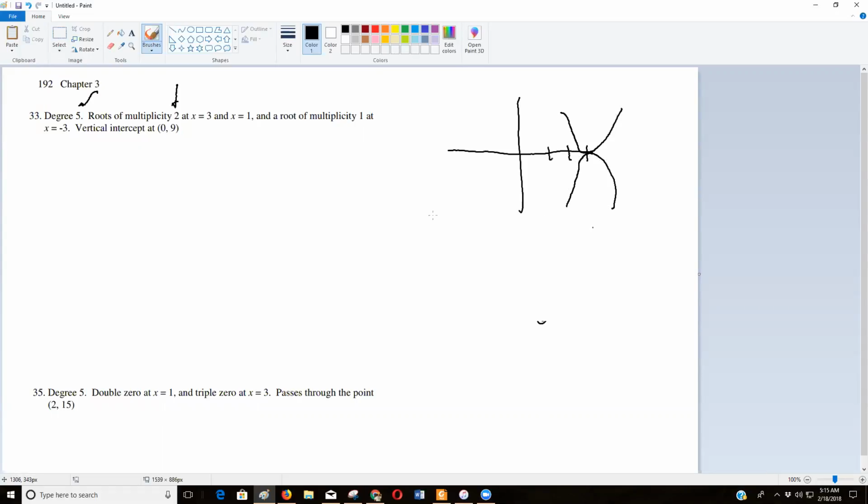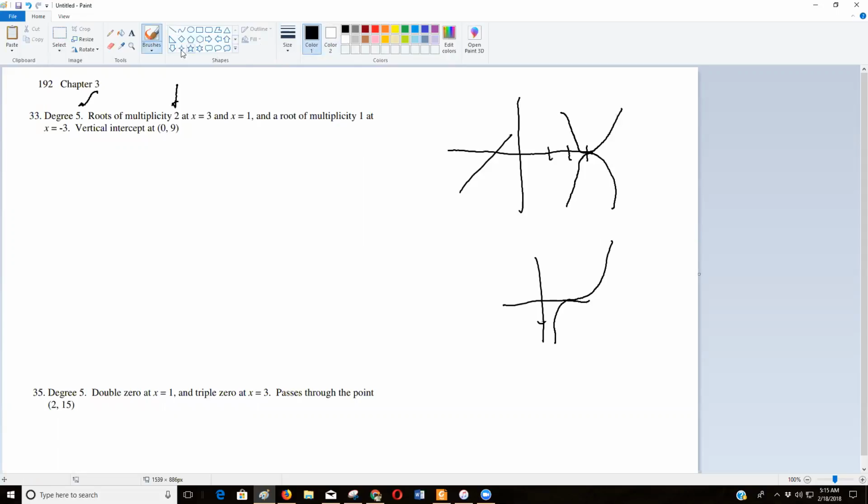I haven't thought enough about that yet to know which, but I do know it bounces. And if it's multiplicity 3, it's going to wiggle through. It's going to act like x cubed.